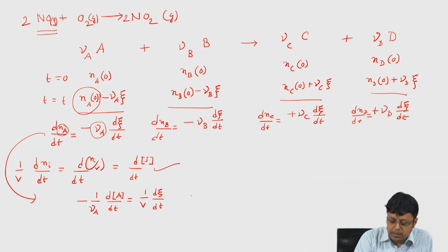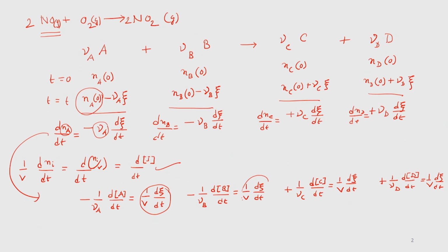For the species B, it will be minus 1 over nu B dB dt, which is nothing but 1 over V d xi dt. For species C, it will be plus 1 over nu C dC dt, which is nothing but 1 over V d xi dt, and for species D, it will be plus 1 over nu D dD dt, equal to 1 over V d xi dt.